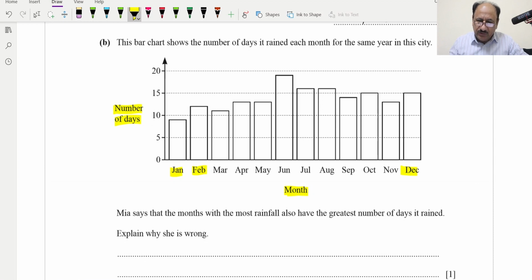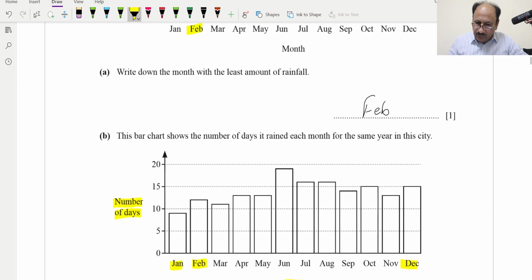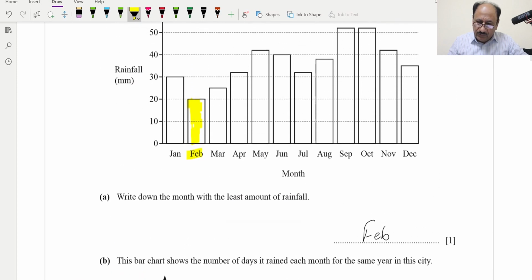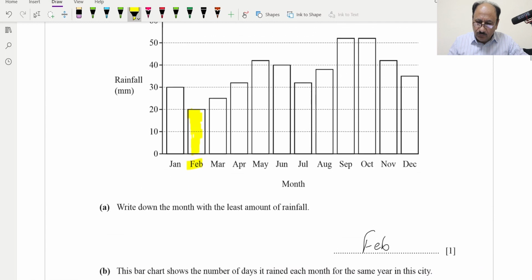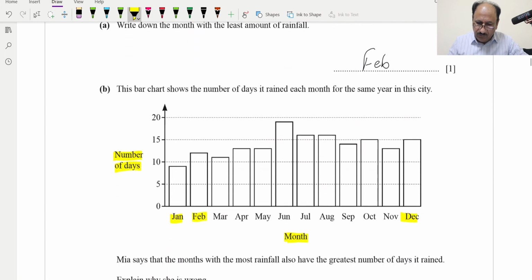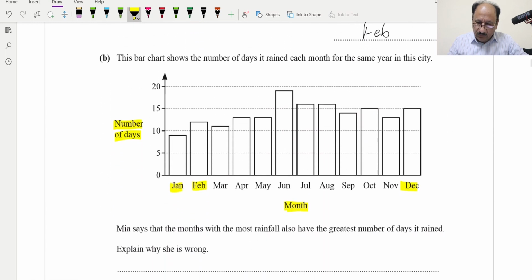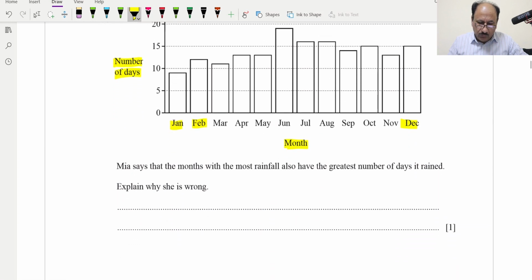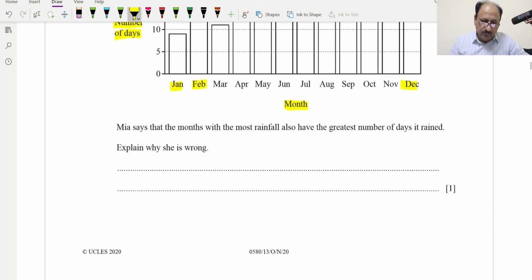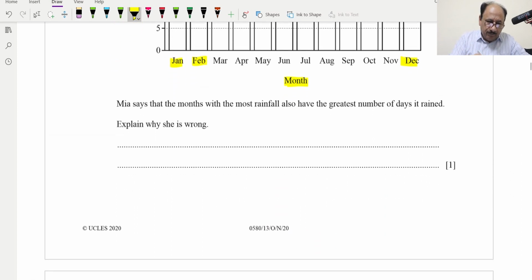Explain why she is wrong. So greatest rainfall is in September and October. But if we check from here, it's in June. So our answer will be that September and October.